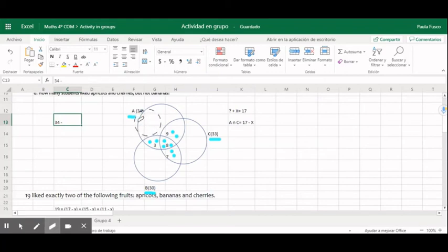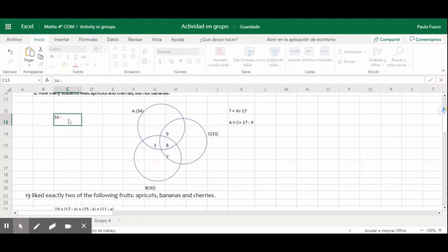Let me erase this so we continue. Great. Now we write the numbers. 34 minus 9 minus 8 minus 3. And this is 14, I think. Let me check. Yes, 14.